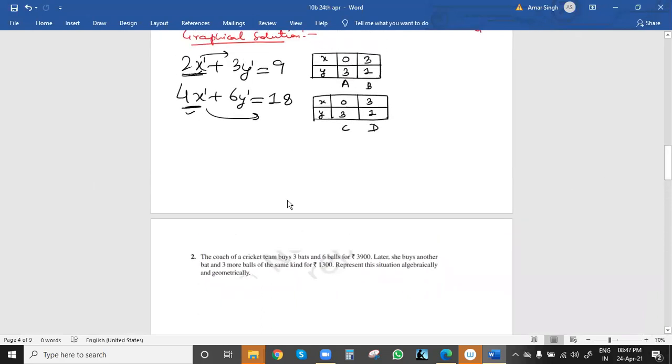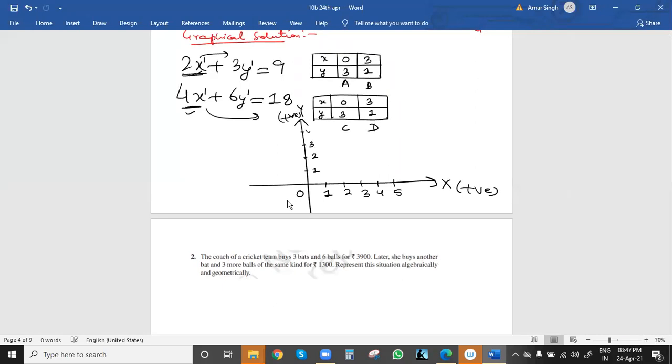Now coming to the graph, we'll get it like this. We will draw the y-axis and x-axis, x positive, y positive, with equal intervals 1, 2, 3, 4, 5, which is sufficient.